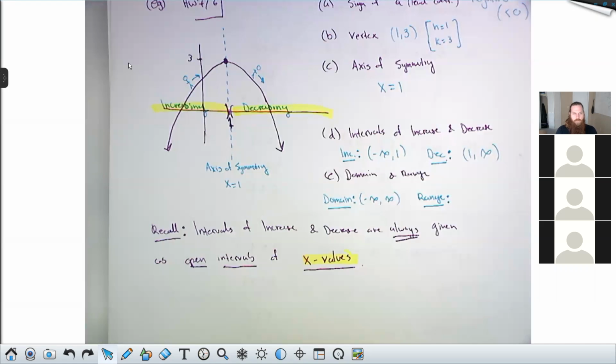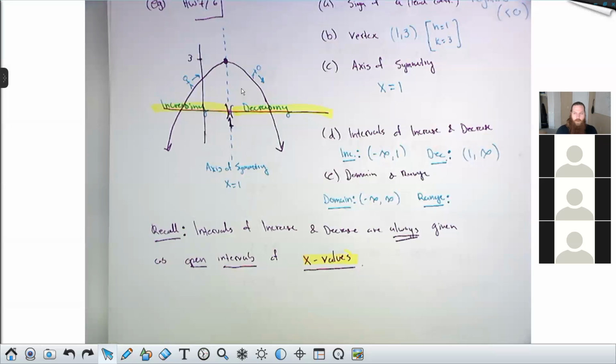Yeah, Logan's correct. Care to explain that a little bit, Logan? Why is the range negative infinity to 3? It's correct, but why? Because the vertex stops at 3 on the y-axis, so it can't be anything above that.